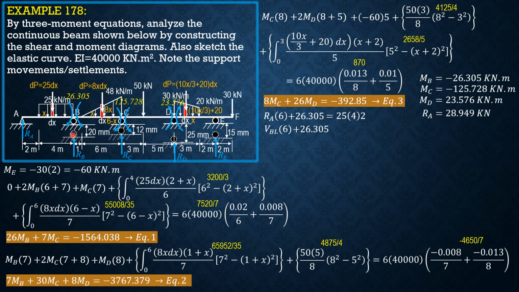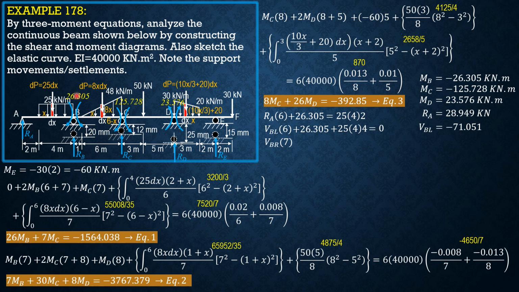So shear at B just to the left times 6, then plus the moment of the load 25 times 4, 2 plus 2, so the moment arm is 4, then plus the moment 26.305, then plus the moment of the load 25 times 4 times 4 equals 0. So shear at B just to the left is negative 71.051 kilonewtons.